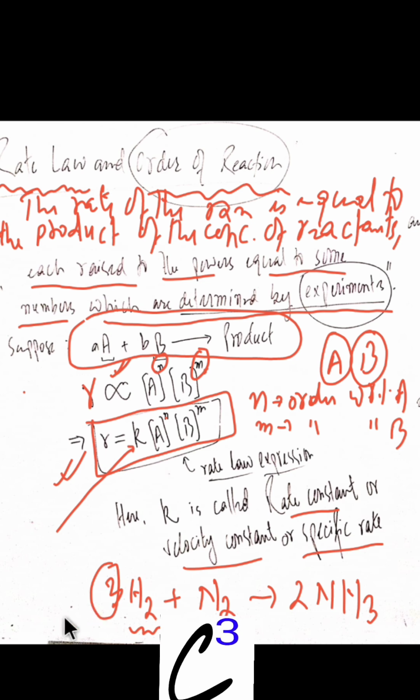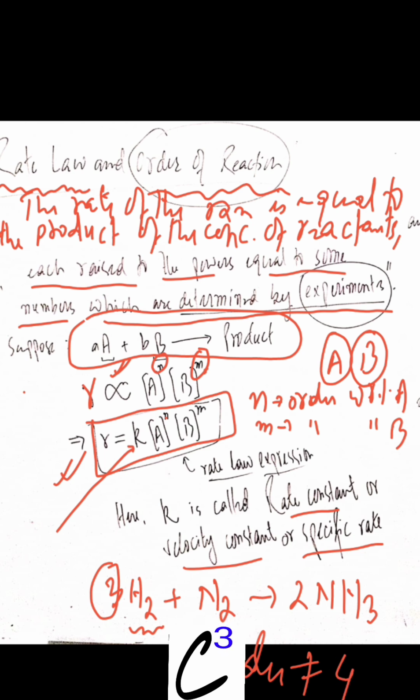This is just the stoichiometric coefficient. Okay, and the order with respect to N2 is also not equal to 1. The order of this reaction is not equal to 3 plus 1, that is 4. Okay, so the order with respect to hydrogen and the order with respect to nitrogen are determined from experiments only. So order is an experimental term.